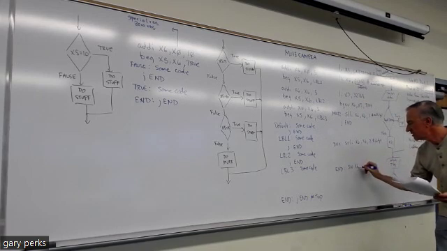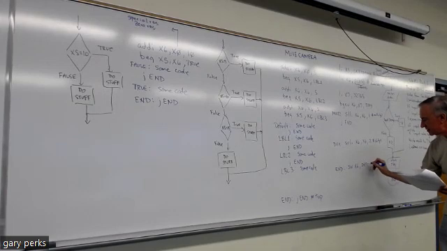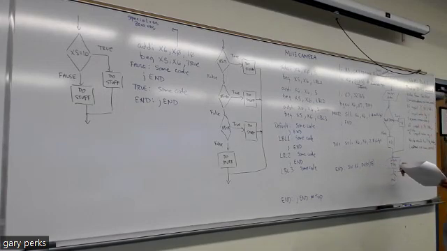I'm taking our result that's in register 6, and I'm going to use an offset of 40 with the contents of register 5. And that's going to output to the 7-segment display.